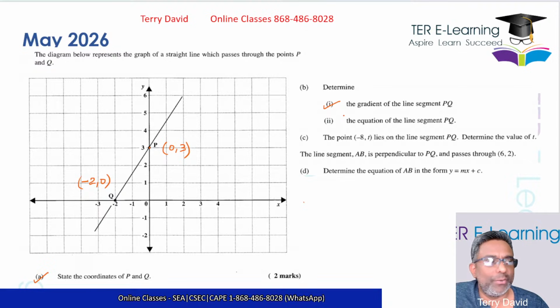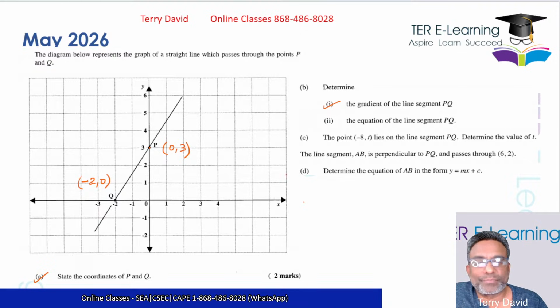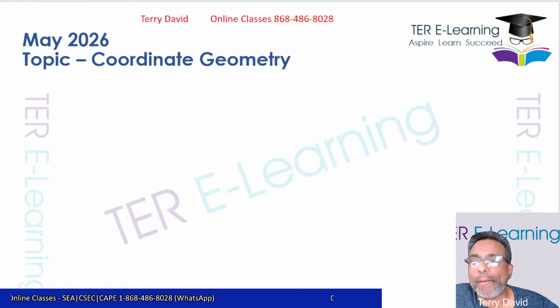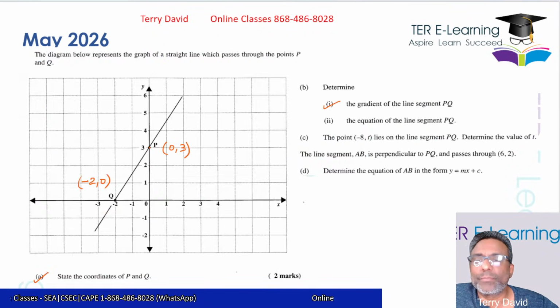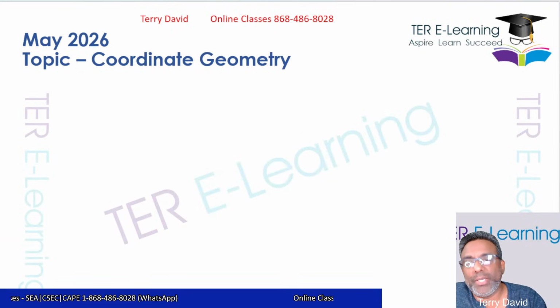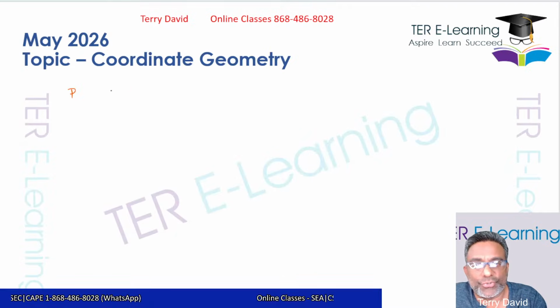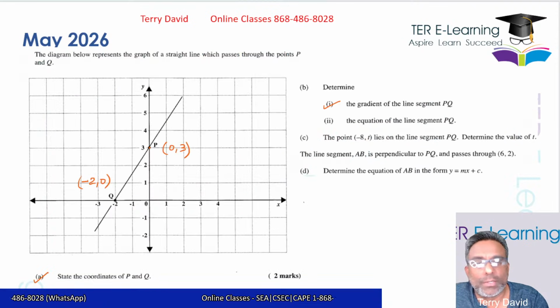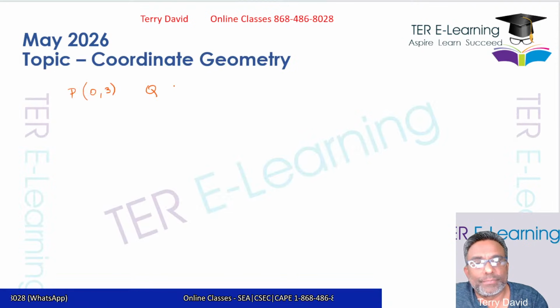The second part here, we want to work out the gradient of PQ. Typically, we need to label our coordinates. So P was (0, 3) and Q was (-2, 0).